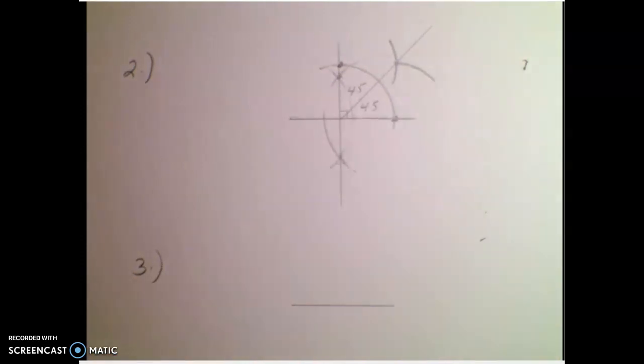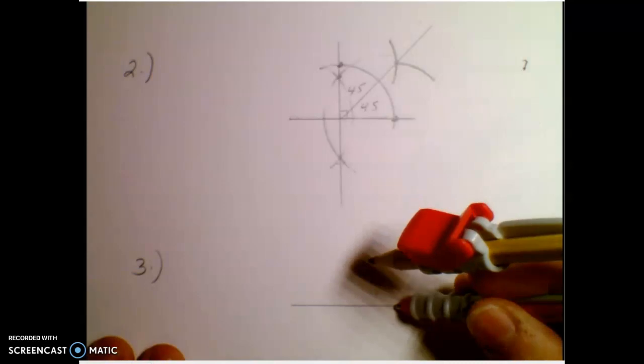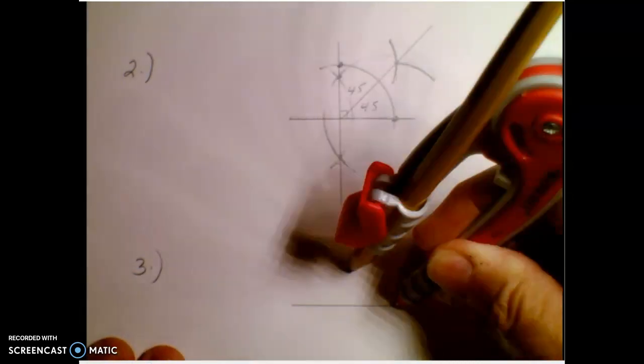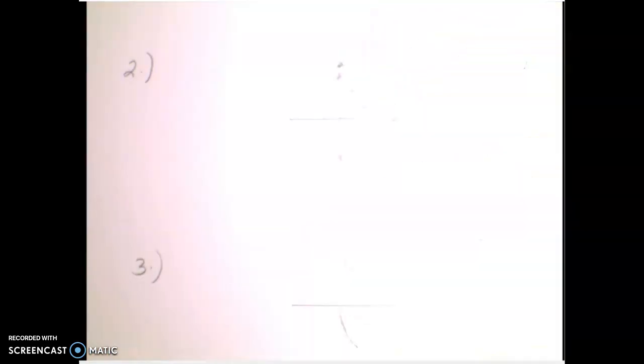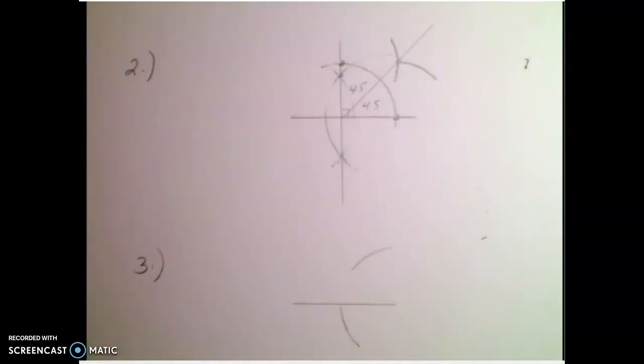Okay, I want to make a 90-degree angle. So what I'm going to do is do the same construction we did before. I'm going to start at this end point and make an arc above and an arc below. Can you see it? There you go.